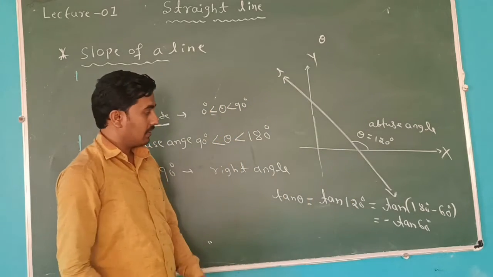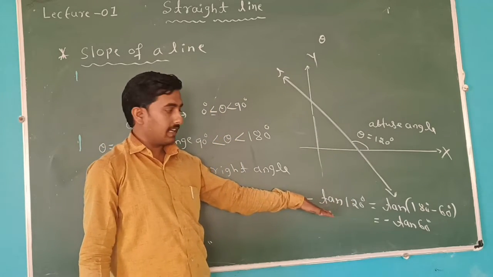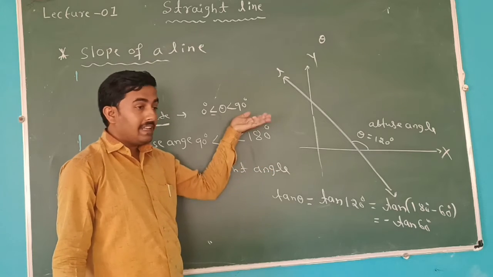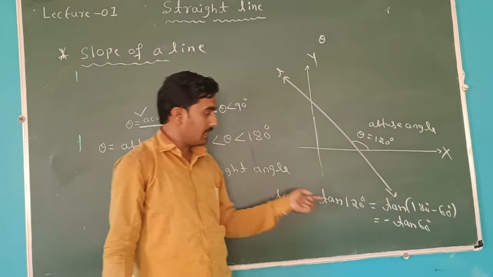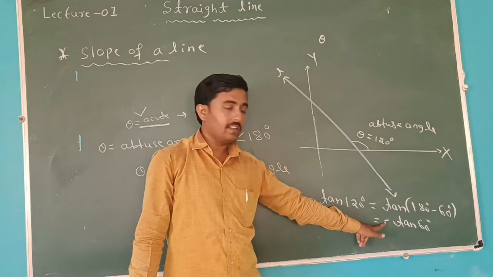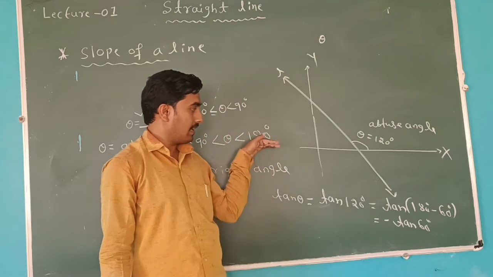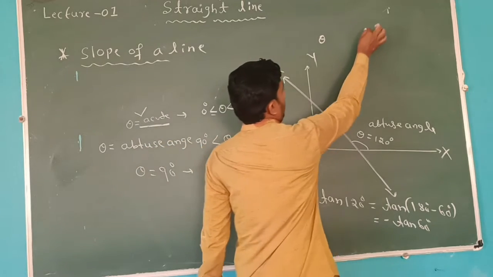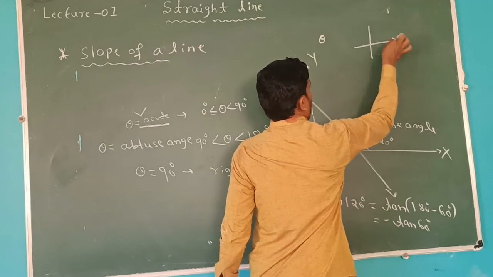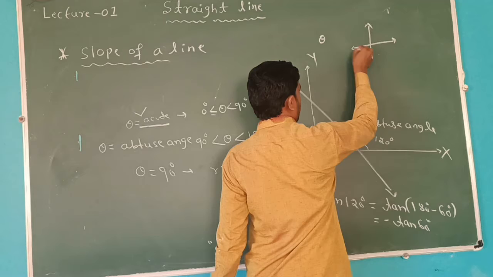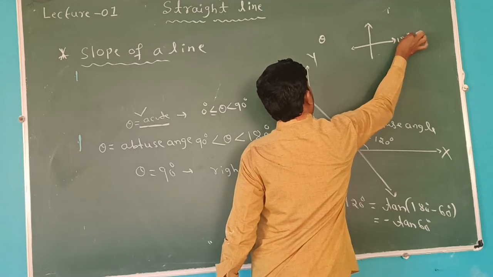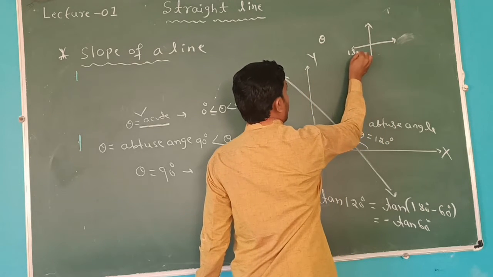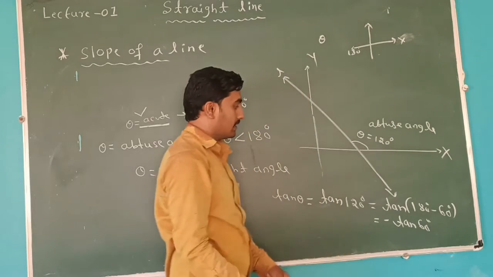of 120 degrees, so we write it as tan 60 degrees. This is the concept of allied angles. For 180 minus theta, in the second quadrant tan is negative, and since this is related to the x-axis, there is no change. I already told you in the trigonometry chapter. So 180 degrees is related to the x-axis, there is no change.